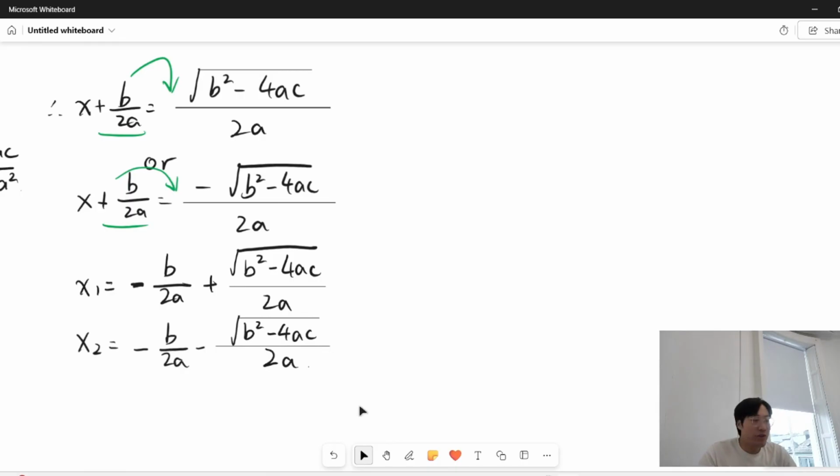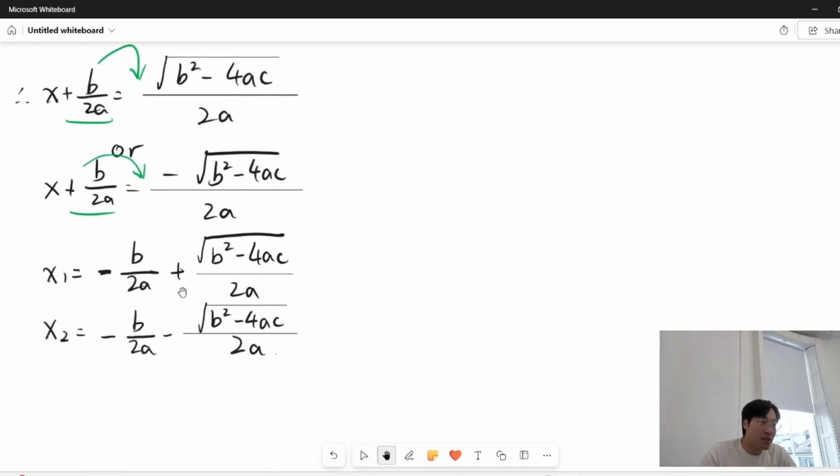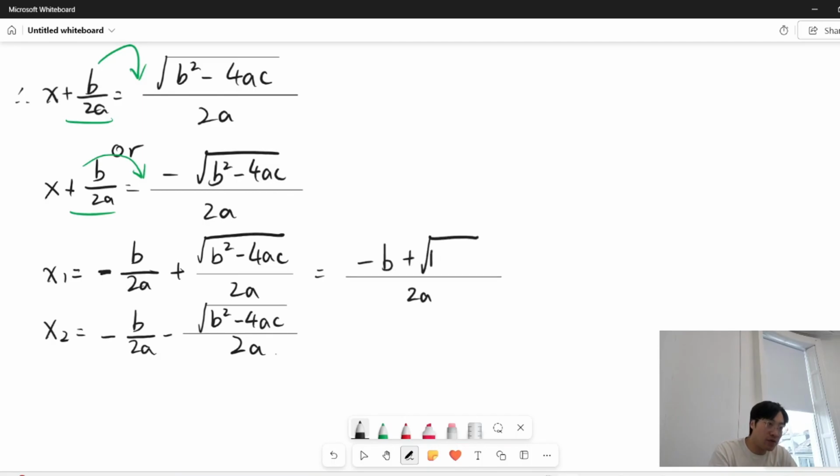So these should look very familiar to you, because if you merge these fractions, they all have the same denominator. So the first answer would be minus b plus square root of b squared minus 4ac over 2a, and the second answer will be minus b minus square root of b squared minus 4ac over 2a.